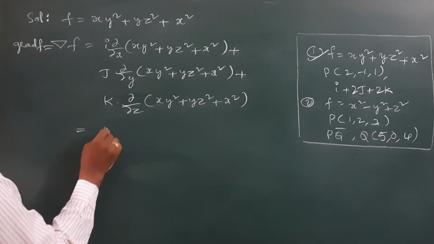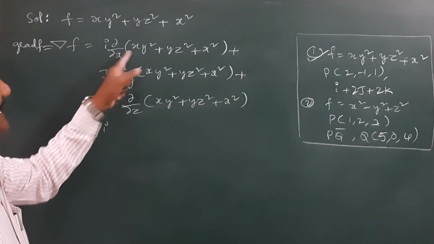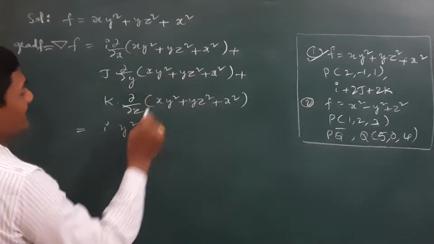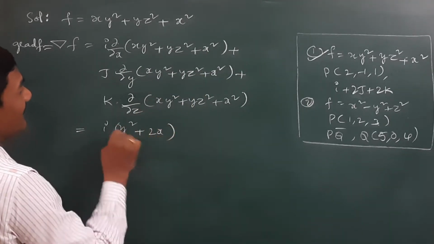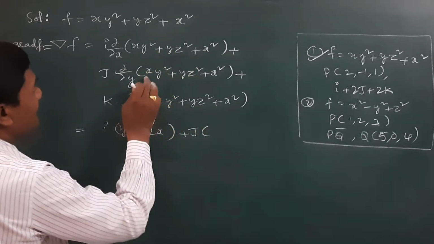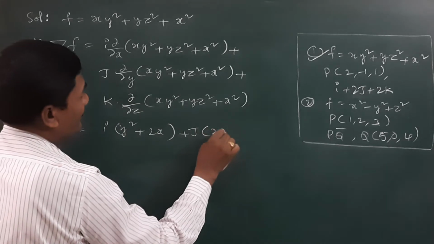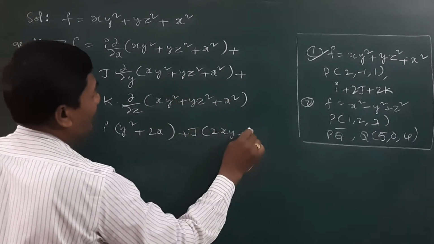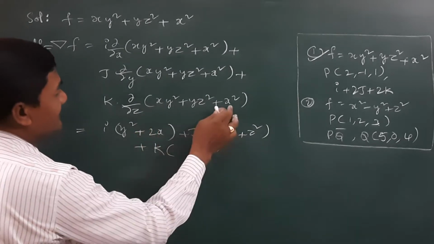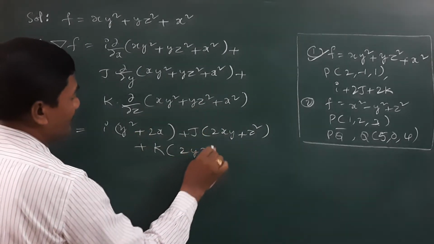That is i times the partial derivative with respect to x only: the derivative of xy square is y square, the derivative of x square is 2x, and the middle term has no x, so it becomes 0. Plus j times, with respect to y, 2xy plus z square, plus k times, the first and last terms are 0, only 2yz.